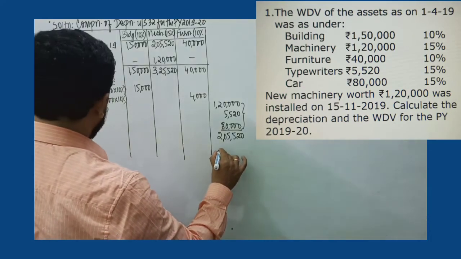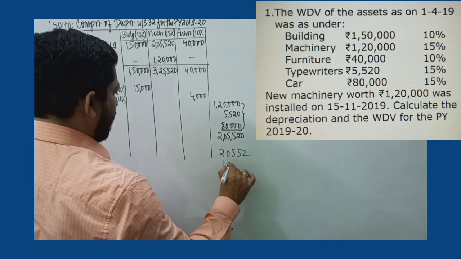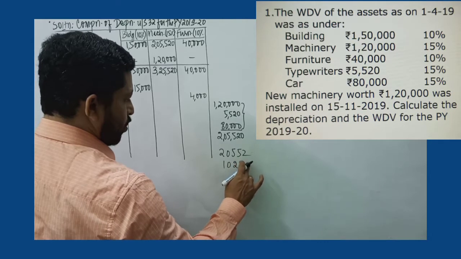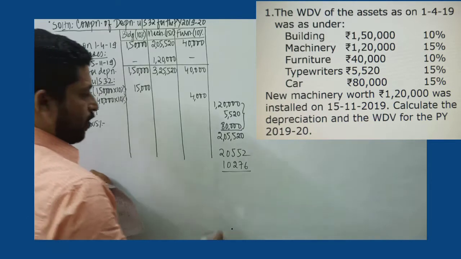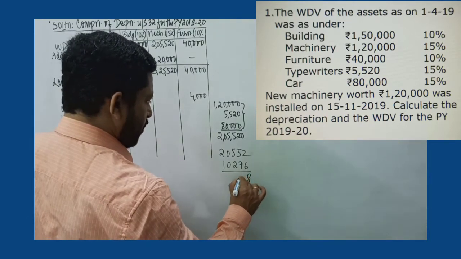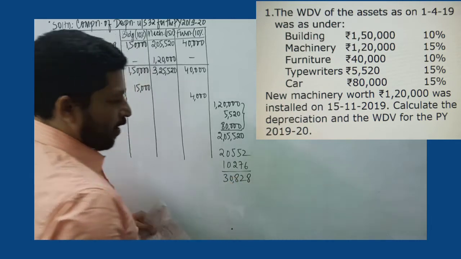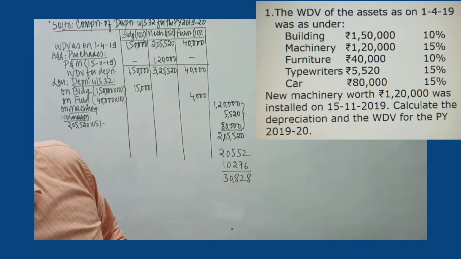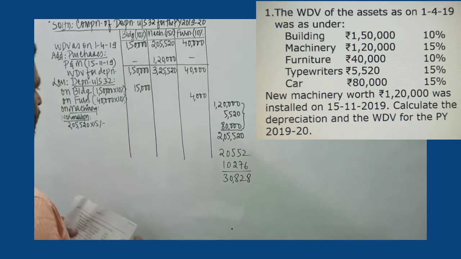So it would be 20,552, and half of that 10,276, plus. So it would be 30,828. 30,828 would be the value of normal depreciation.